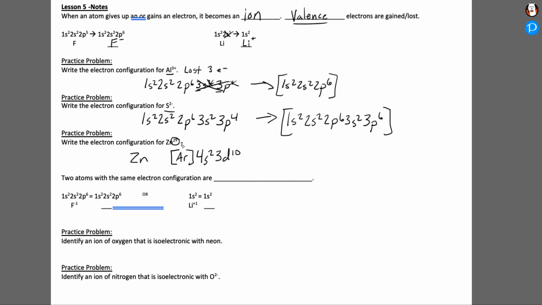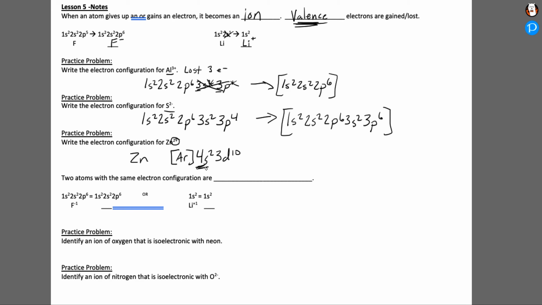Now, this is zinc 2+. It's going to lose 2 electrons, right? Well, is it going to pull those electrons from these d orbitals or from the s orbitals here? And remember, it's the valence shell that these electrons are being lost or gained. Now, for the transition metals, as we'll see, sometimes they will lose some of these d electrons as well, but they're first going to lose the 4th energy level first, because this is the valence shell, that's the outer shell.